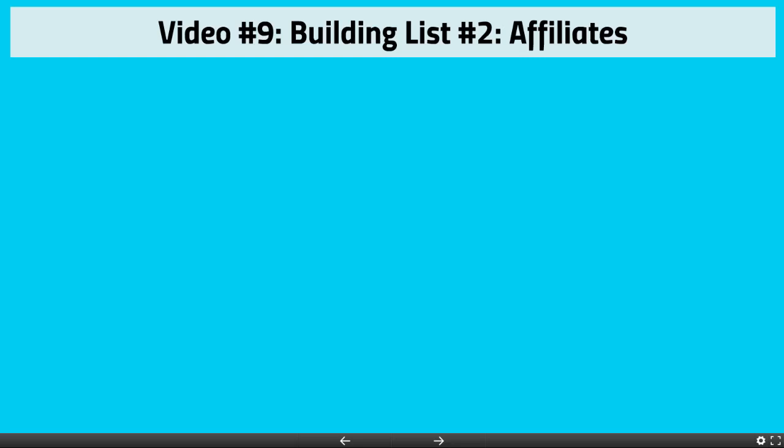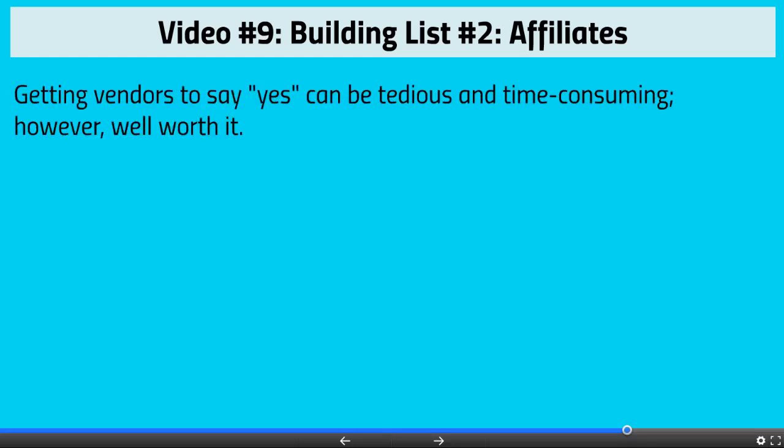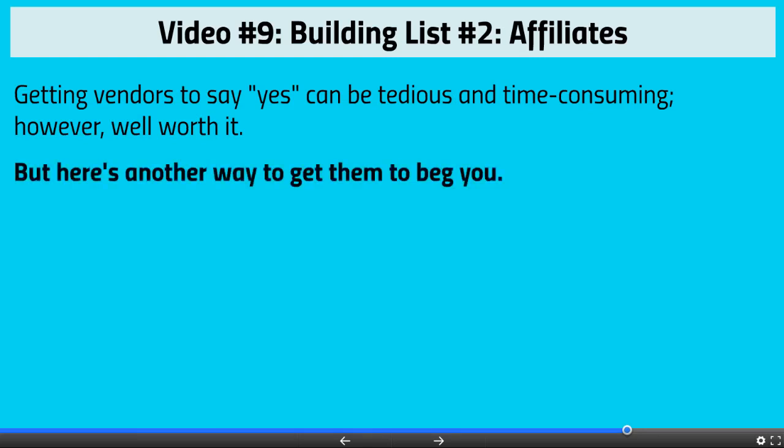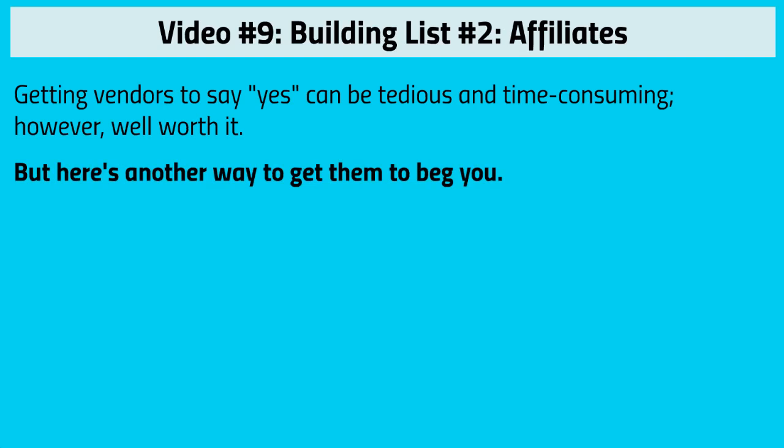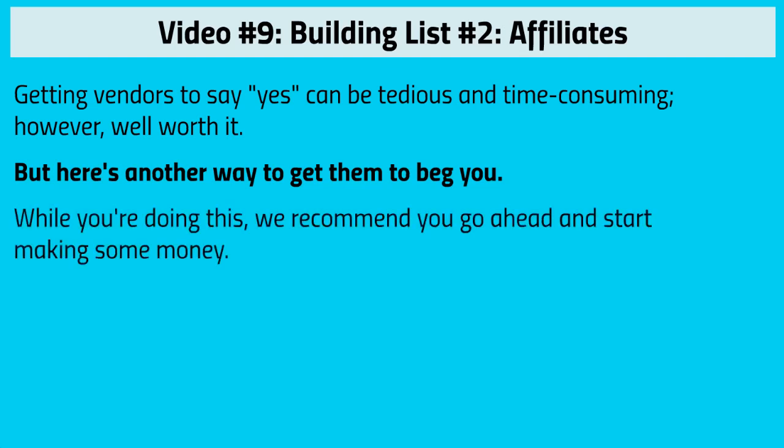I'll explain in just a minute how you can go about doing this. Getting vendors to say yes can be tedious and time consuming, however, very well worth it. However, there is another way to actually get them to come to you and get them to beg you. This works really well.